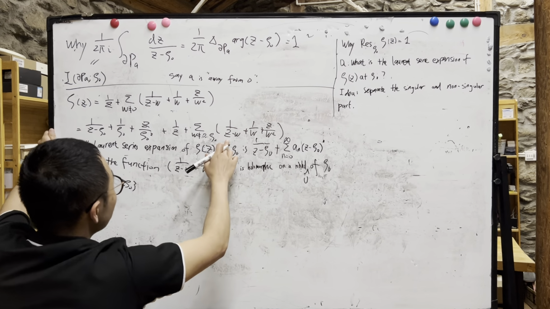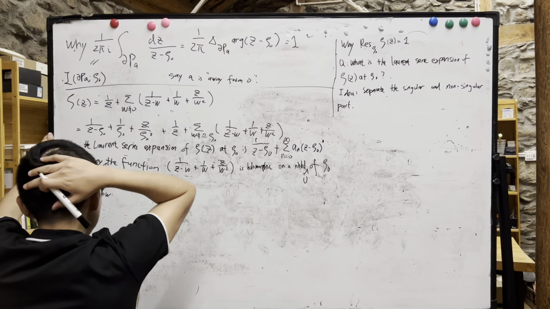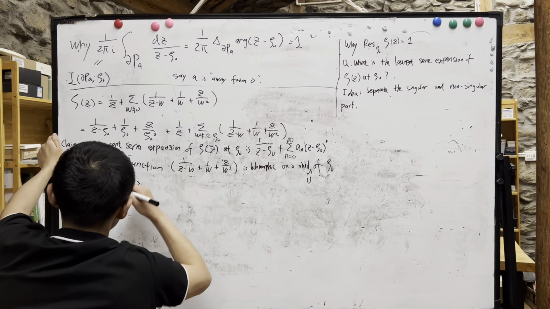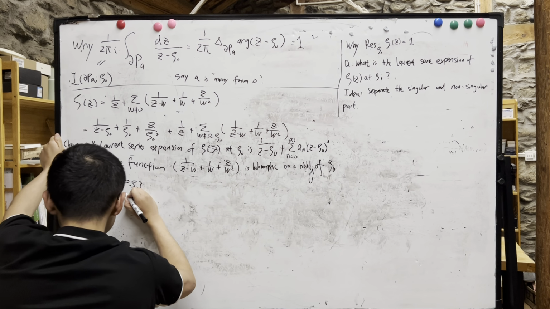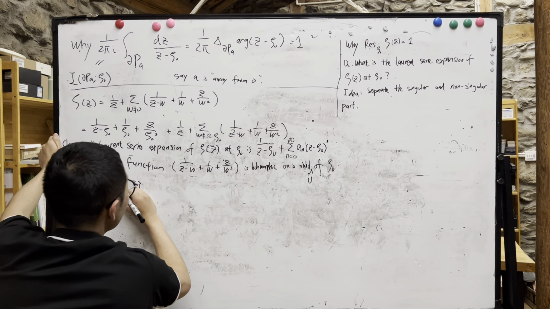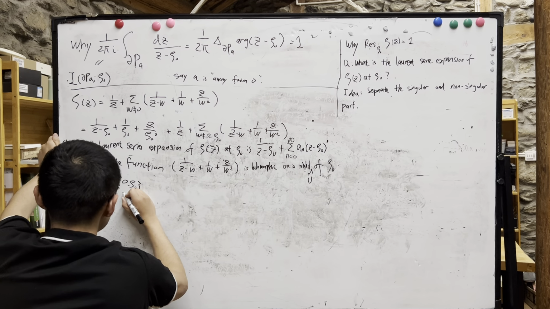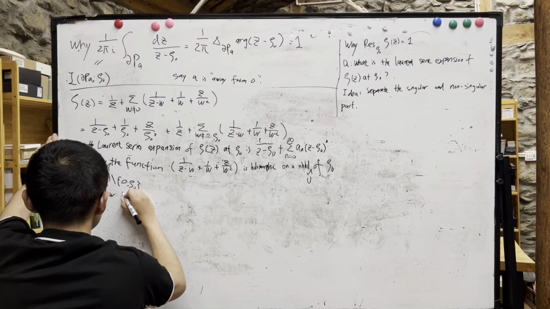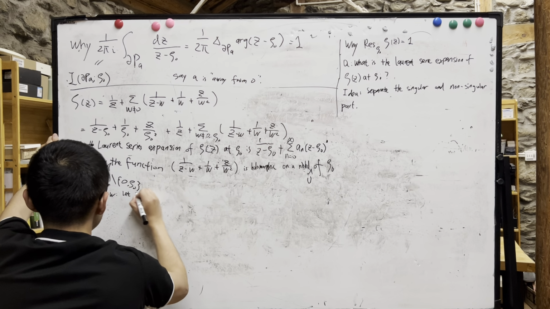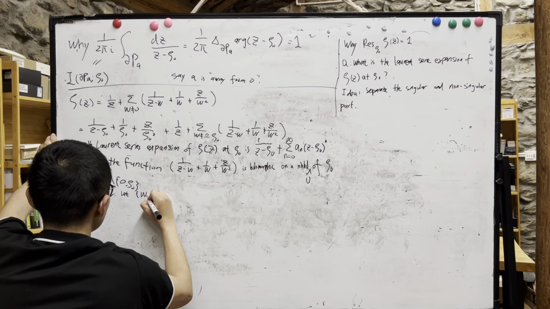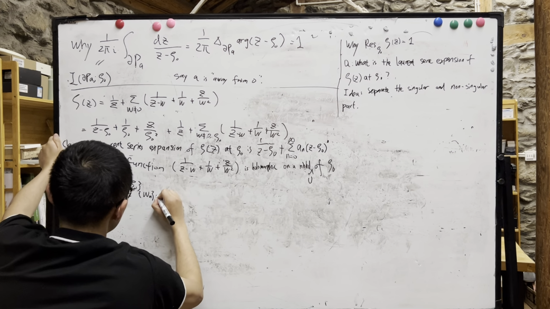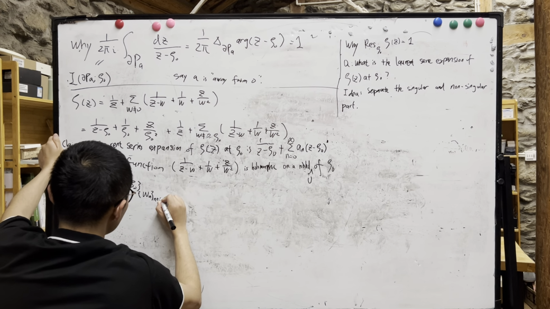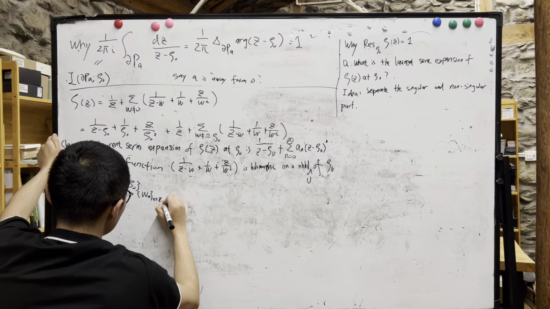For better notation, I want to use an enumeration of these lattice points. Let omega n, maybe I want to use a different notation here.